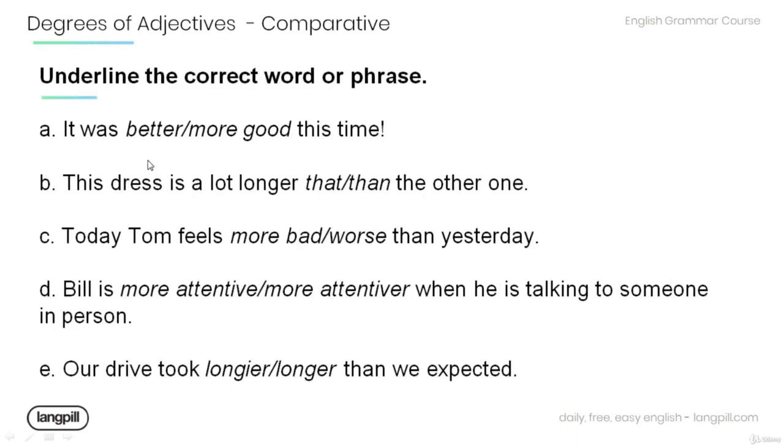And now it's time for you to practice on your own. Read the following sentences and underline the correct word or phrase. A. It was better, more good this time. B. This dress is a lot longer than the other one.